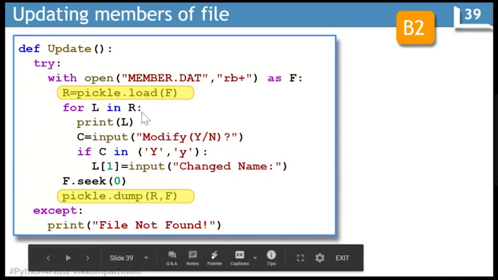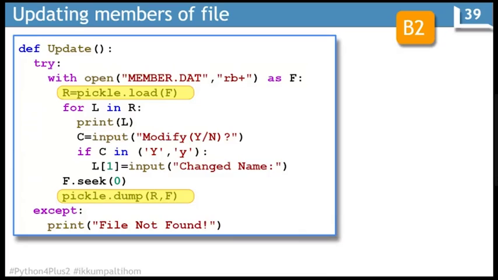So first of all, with the help of r is equal to pickle.load, we are reading the entire content of the file, and then we are extracting each list from the file, displaying it to the user, and if user says that it requires change, then we are modifying L1. As you already know, L0 is MNO and L1 is name. So we are asking the new name from the user.